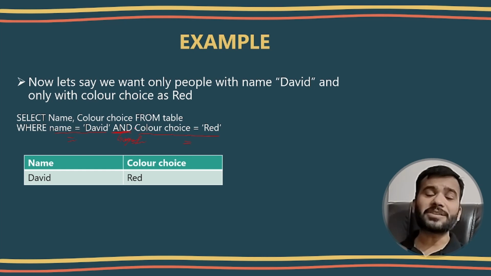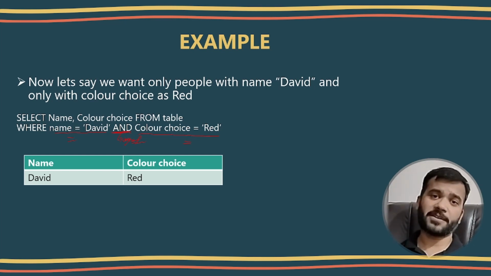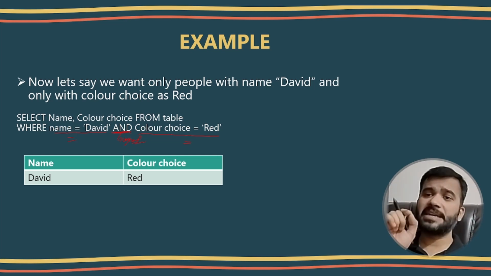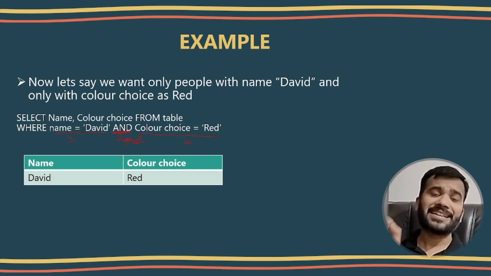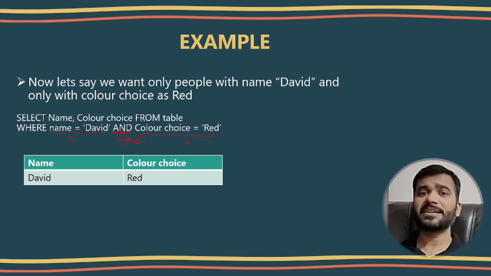Cool. So that's how the logical operator comes into the picture. If you want to use more than 1 comparison operator, you have to use a logical operator in between them, whether AND or NOT, something like that. So that's how we will write the query, and it will return only 1 row, David, whose color is red. This time it will not return green color. Hope you understand this concept.